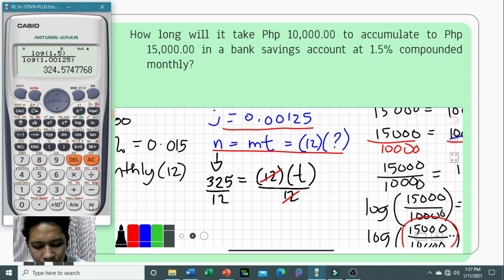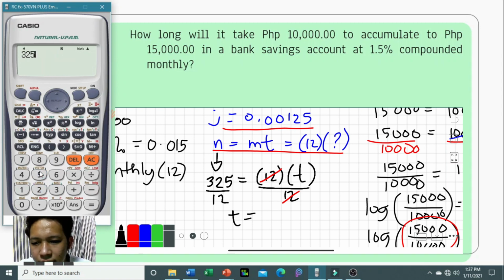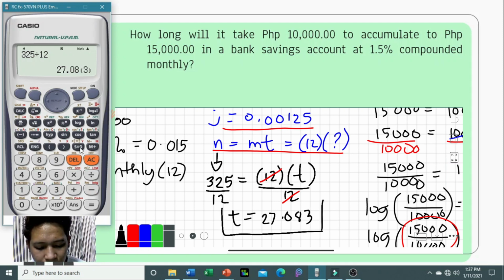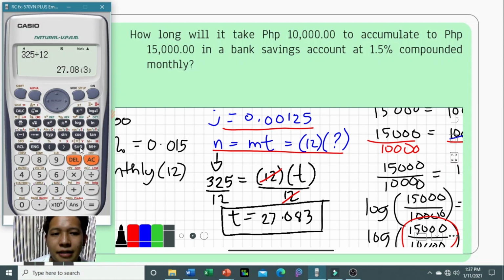So, we'll be having t equals 325 divided by 12, that will yield to 27.083 years. So, meaning, it takes 27.083 years para mag-accumulate yung 10,000 mo into 15,000.